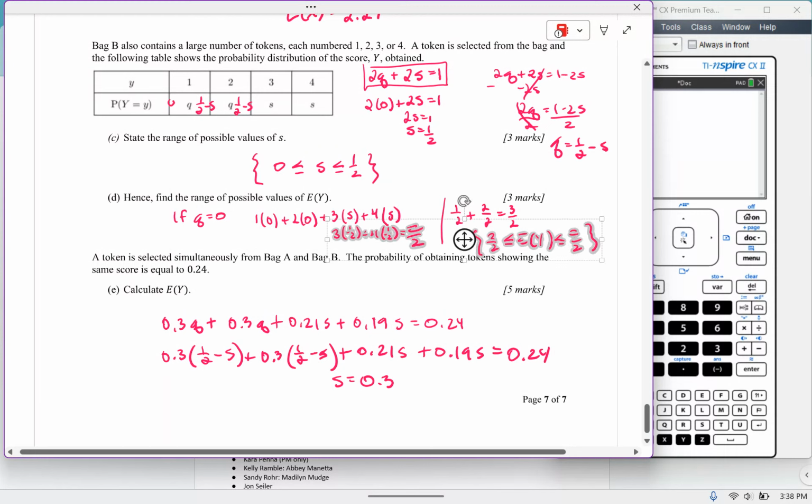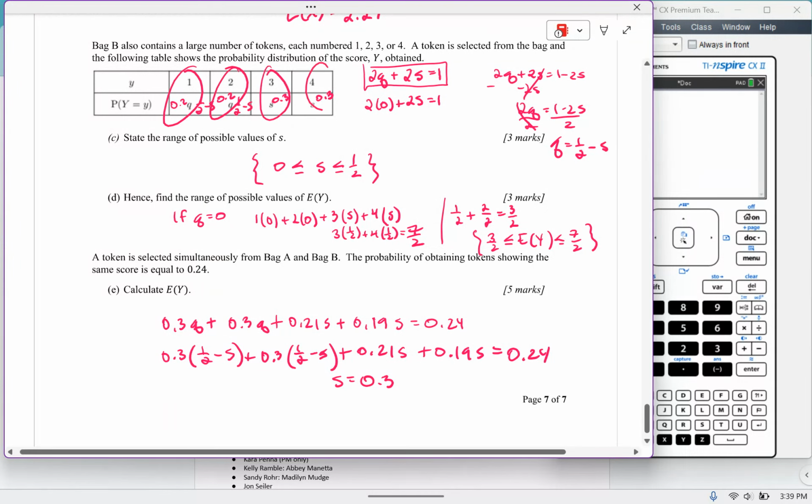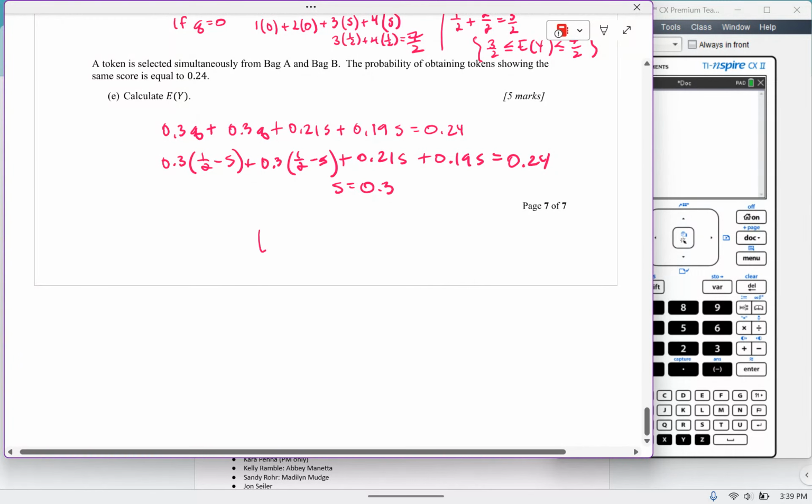Okay, so now that I know that that's 0.3, or no, it's 1/2 minus 0.3. Oh gosh, okay, this is 0.3, this is 0.3. Can you guys do 1/2 minus 0.3 and tell me what that's going to be? It's 0.5 minus 0.3, which is 0.2. So now you would do 1 times 0.2 plus 2 times 0.2 plus 3 times 0.3 plus 4 times 0.3, and that's going to give you the expected value of Y. Okay?